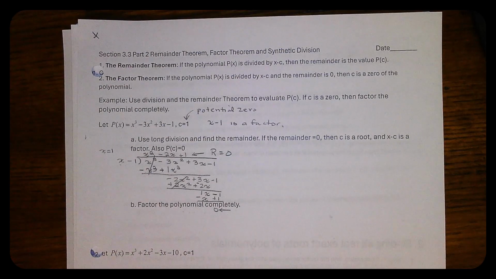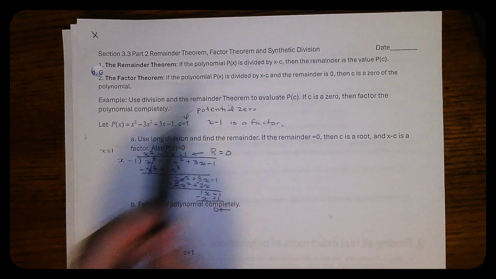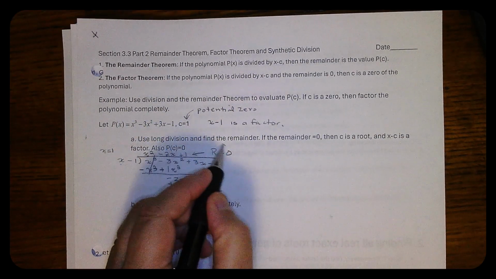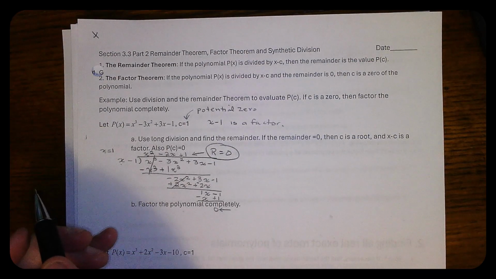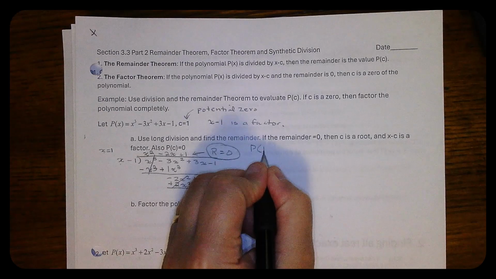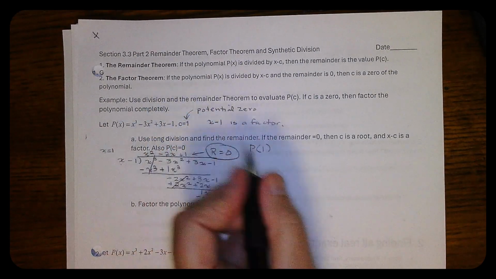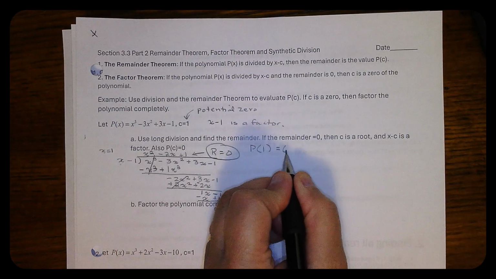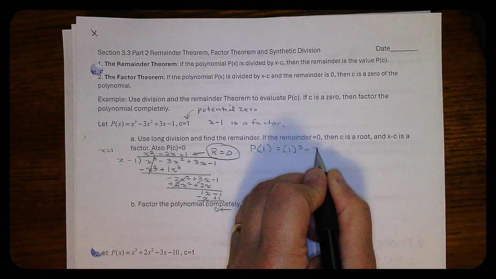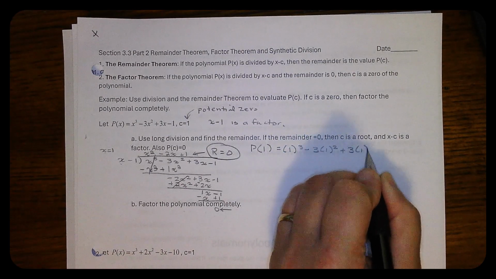Now, here's what the remainder theorem says. If the polynomial is divided by x minus c, then the remainder is the value p of c. So what that's saying is, let's see what happens when we put the 0, 1, in for this polynomial. That would be 1 cubed minus 3 times 1 squared plus 3 times 1 minus 1.